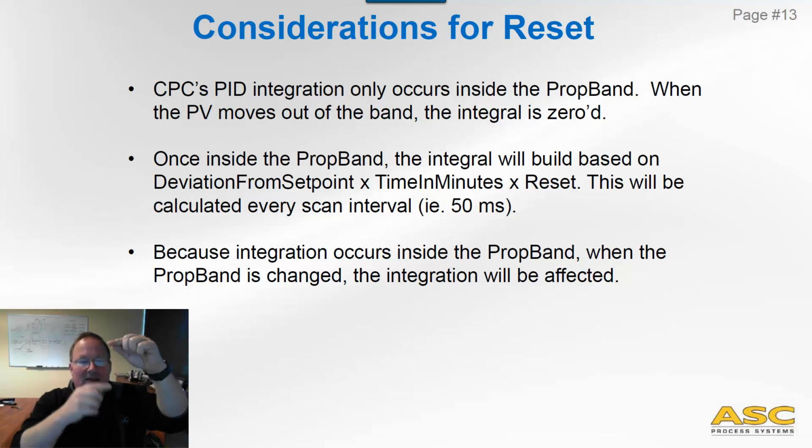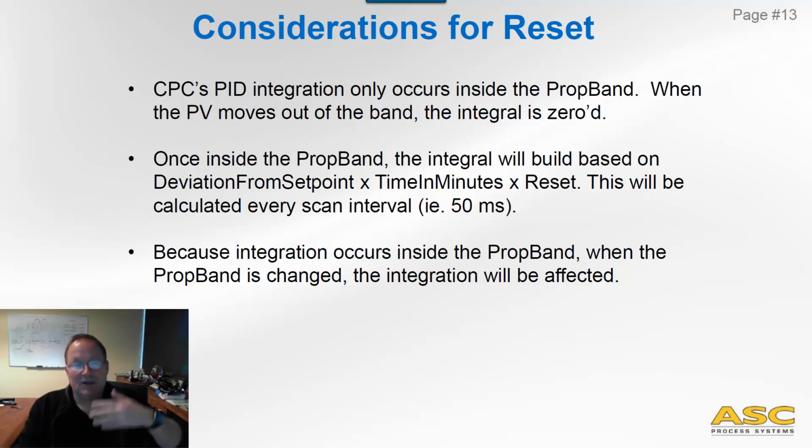If you increase the proportional band, then we're going to start integrating earlier as the process value approaches. So they are not mutually exclusive; they are linked together. If you increase proportional band, you can expect more integral added, and you might have to adjust reset down to bring about a smaller integral.